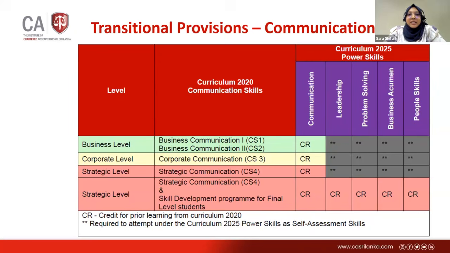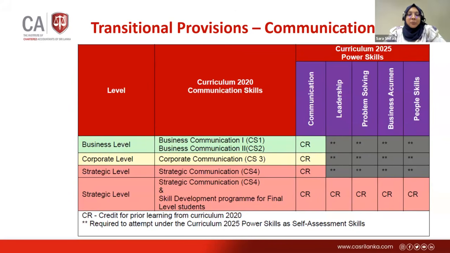For example, business level CS1, CS2, and IT3 appear in the mapping note linked to the completion requirements around the business capstone. Similarly, corporate level CS3 and IT2 are listed, and strategic level CS4 and IT3 are listed. The curriculum also notes that students who have completed all knowledge and skills modules at the relevant level under the curriculum 2020 are considered to have completed the respective level under the new curriculum.